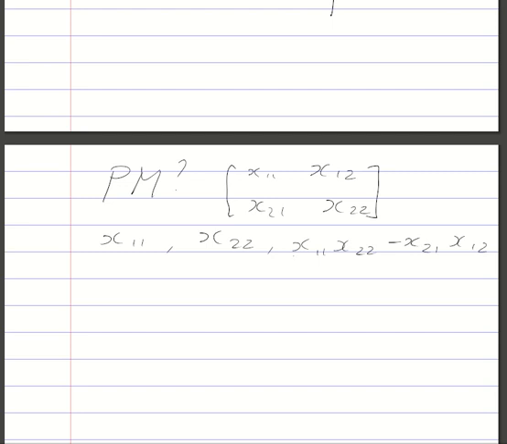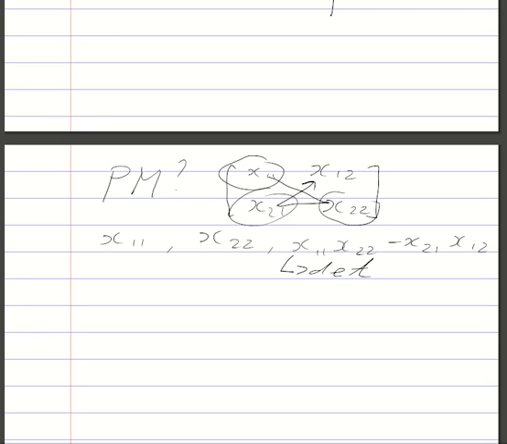Now you'll notice that the second one is just the determinant. So to get the principal minors for the 2 by 2 matrix case, we just take the diagonal elements, those are the first principal minors, and the second principal minors are the determinant, which is just this crossover product.